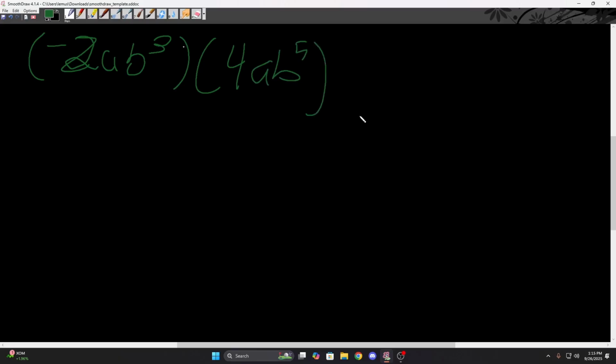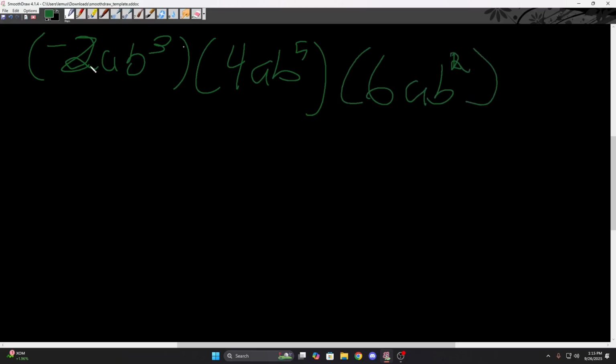Expression is, okay, well, use screen this time. -2, okay, let me just put it in the parentheses. -2ab cubed, or whatever, cubed times 4ab to the 5th power, and then times 6ab squared.